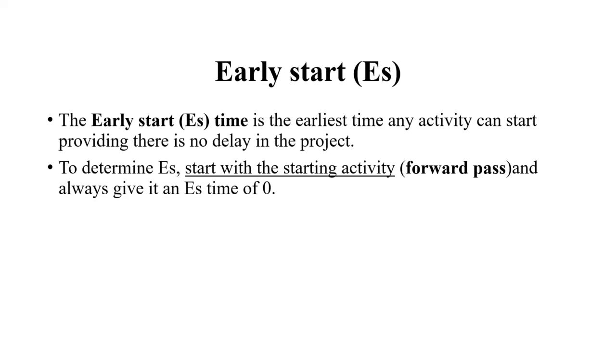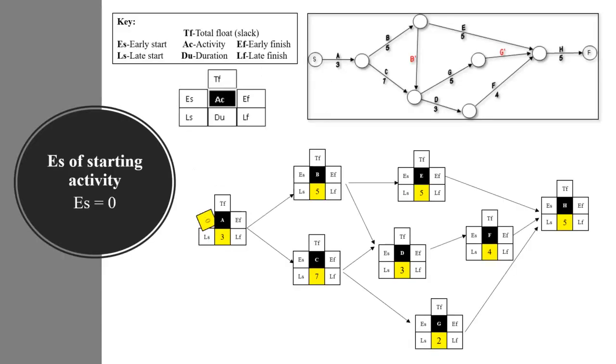If you had an activity with a duration of 2 days and your early start time was 1, that would basically be saying that the activity would end on day 3, which would be inaccurate. So for the starting activity, early start is always given a time of 0.